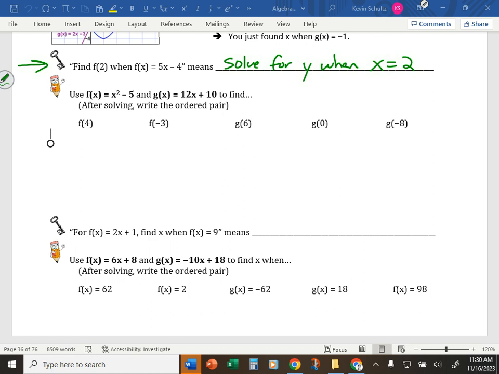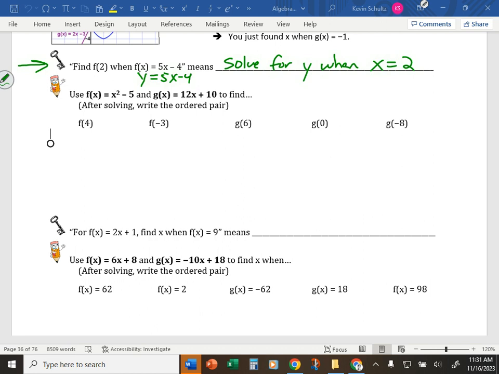And you'll probably notice that a lot of these equations are in that format, right? 5x minus 4, 12x plus 10, -10x plus 18, 6x plus 8. This f of x is really just a fancy way to represent the variable y. But why do we write f of x instead of y? Well, because what function notation does is it tells us this is a function, and it tells us what equation we should be using.